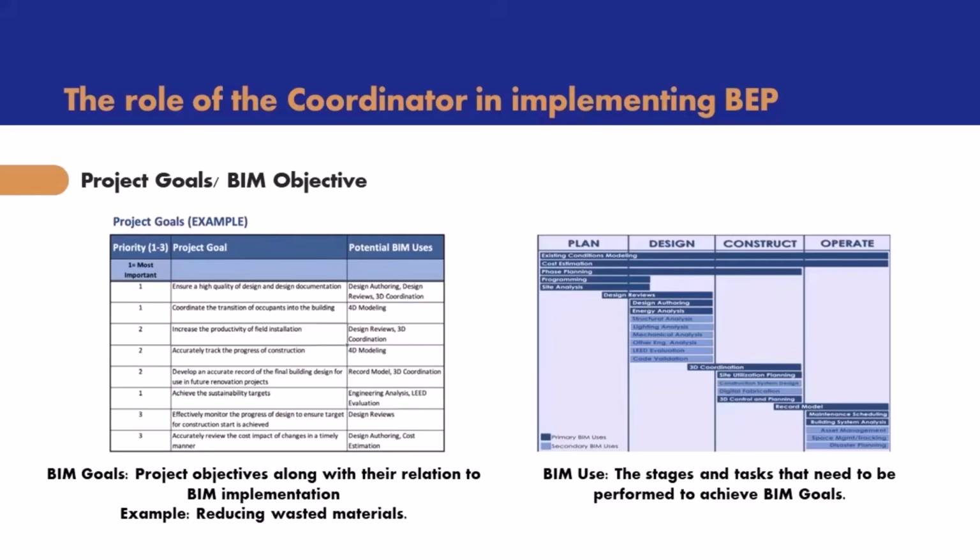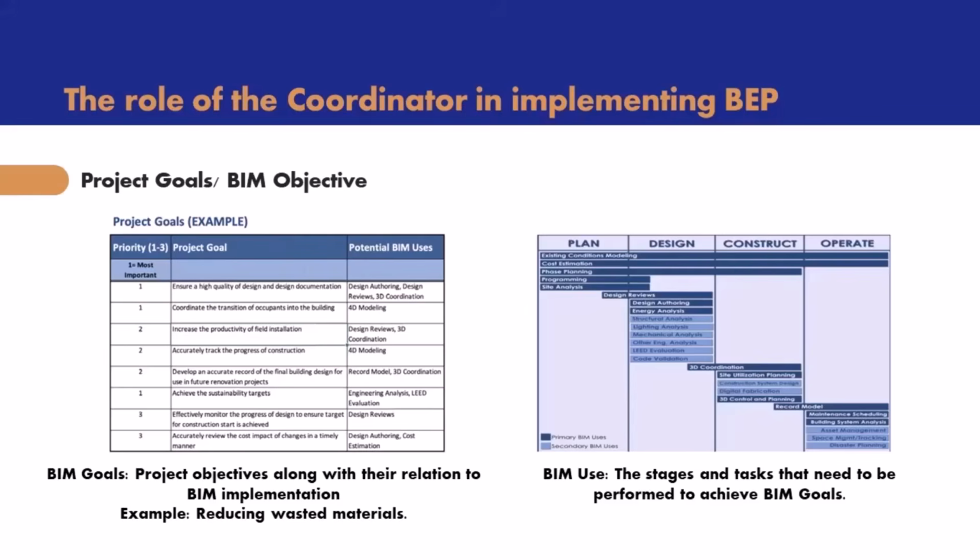Well, the steps that you have to take to reach the project goals are called BIM use. There are a series of steps and tasks that you have to do to reach the project that you want, that they call BIM use. Well, we should define different BIM use for our project, in which the BIM coordinator again has an effective role for us.